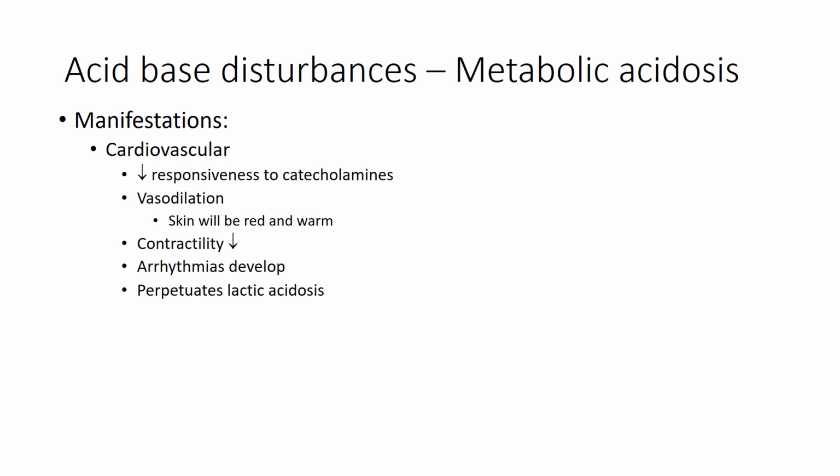Okay. You could get rhythmic patterns occurring that can develop pretty quickly. Okay. And this condition kind of perpetuates metabolic acidosis from lactic acid production, because if cardiovascular function decreases, we're further going to reduce the amount of oxygen that is getting to that tissue.